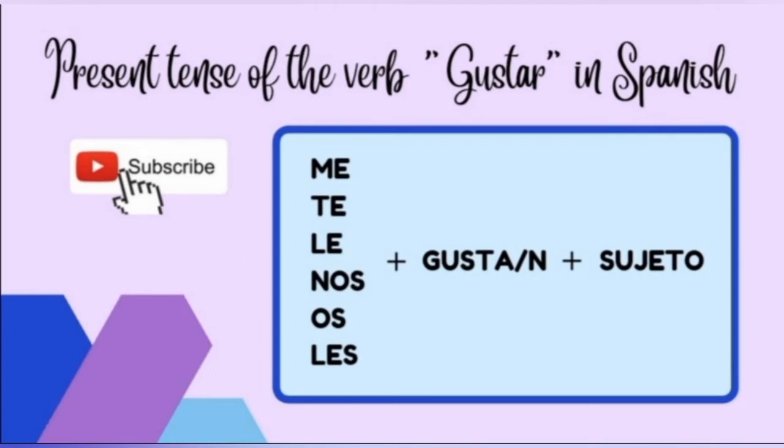In this case, gustan, because the subject, as you'll see, is the plural of lemon, that is limones. Plus, finally, the subject, which is the direct object in English, lemons.